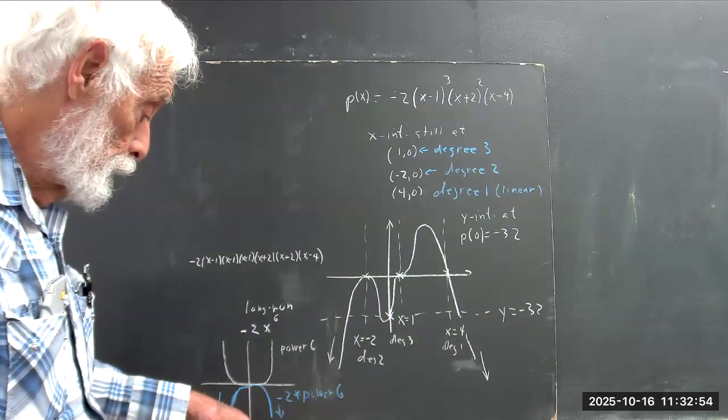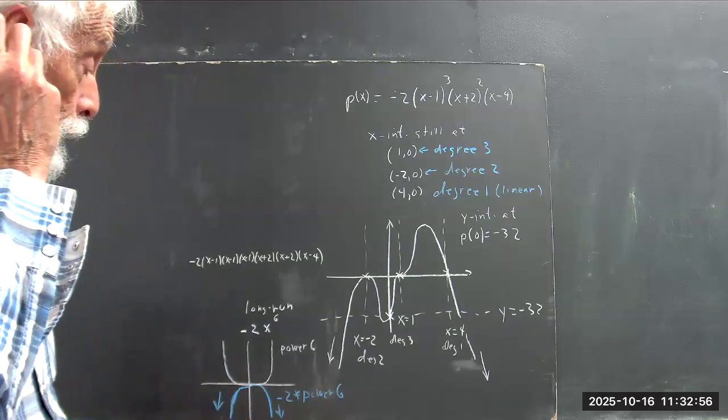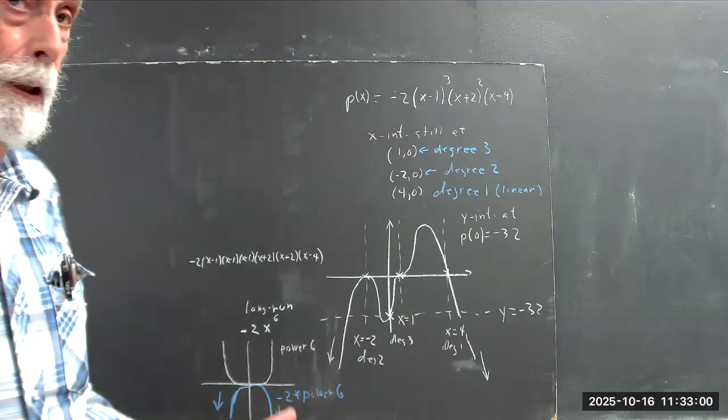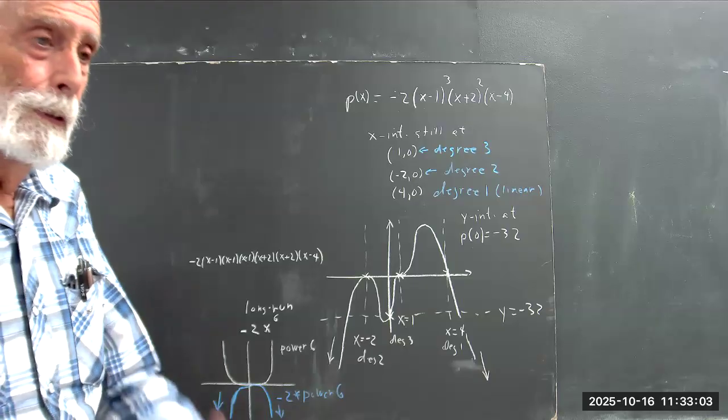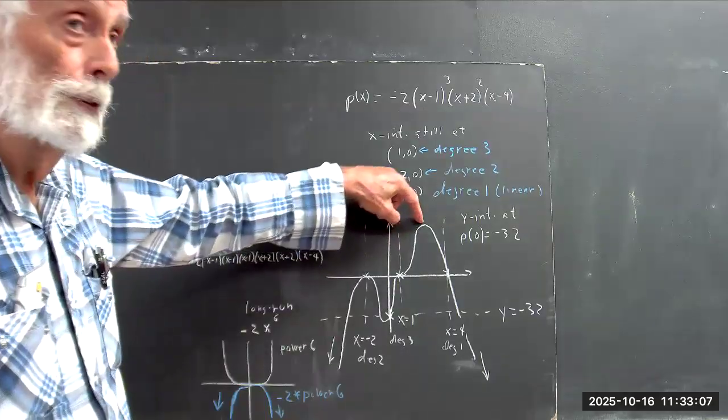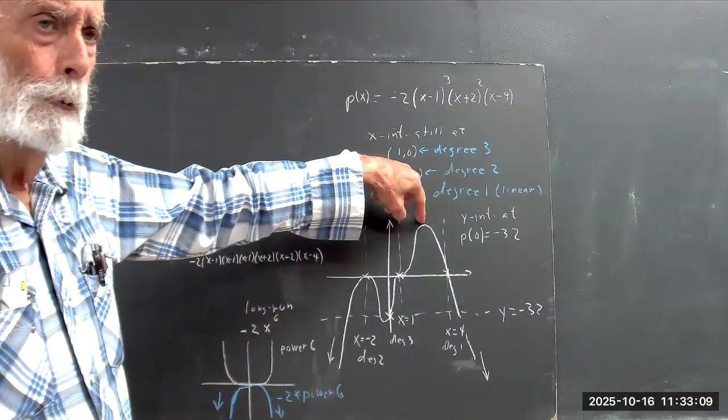A little foreshadowing: if you take any kind of a calculus course, calculus adds a little bit to this graph. The most obvious thing is calculus will actually tell you where this is and where this is. And it's pretty easy.